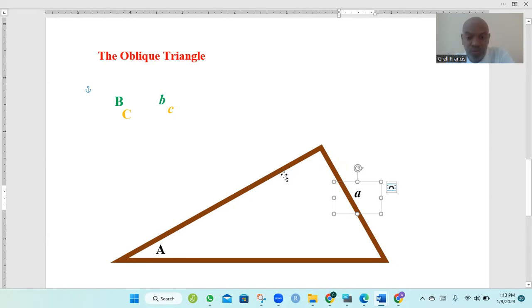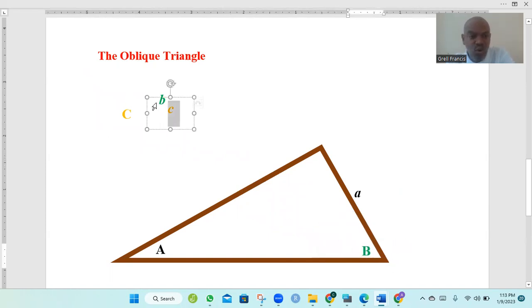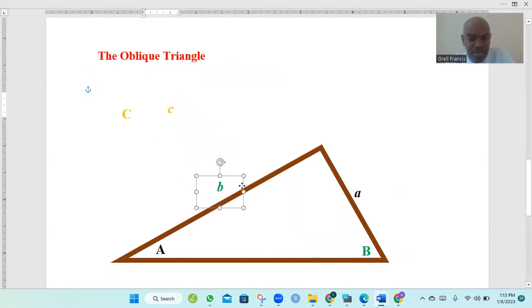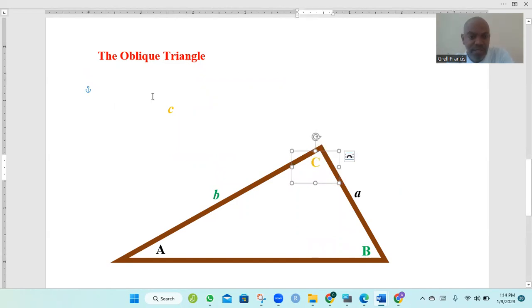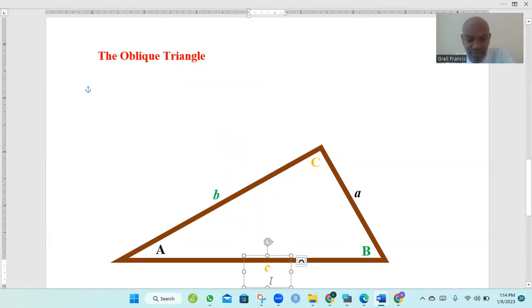So we can put angle B here, and the side opposite to angle B, we'll call it side b. And third, let's put angle C here. And if angle C is here, the side opposite to angle C would be side c.